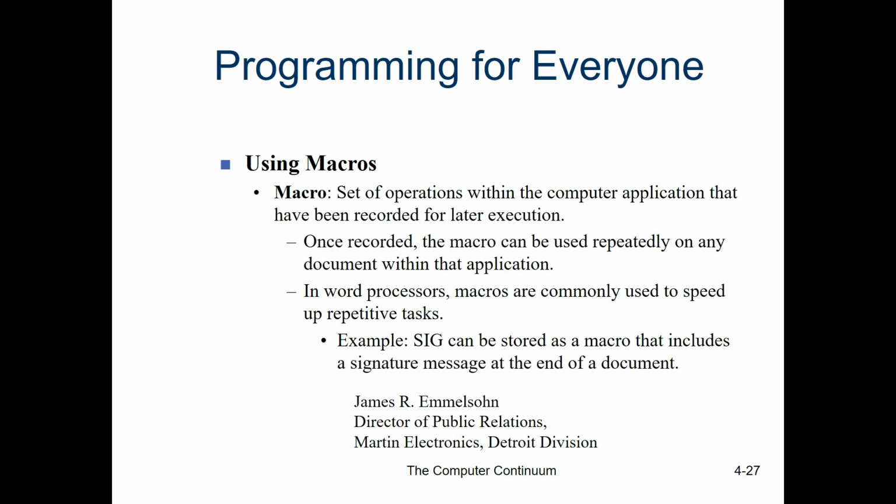Here you will learn how you can use macros, which we also mentioned earlier in the lecture. Macros are just a set of operations within a computer application that have been recorded for later execution. If you have ever used Microsoft Word, there's an option for macros. If you haven't, check that out as well, because that would make it clear how you can use macros.